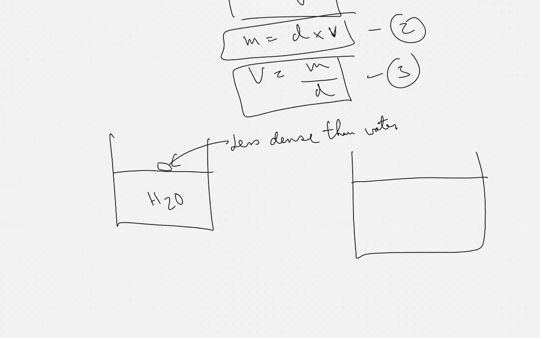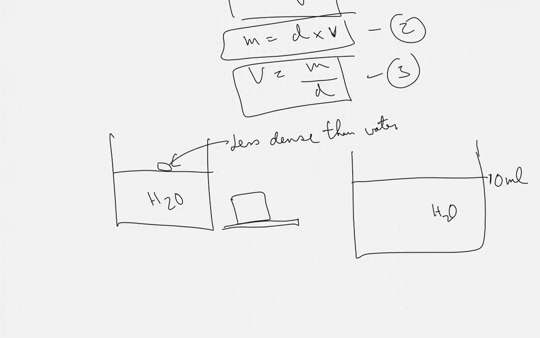Now let us see. We have water filled in a beaker, and we'll say the mark is 10 milliliters. You get a substance, say a metal, and you put it on the weighing scale and get the mass.